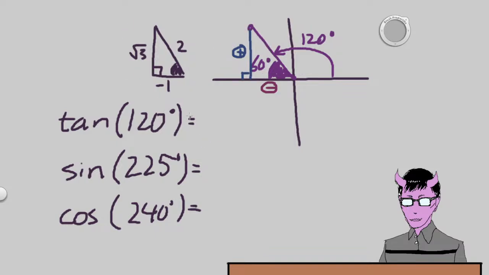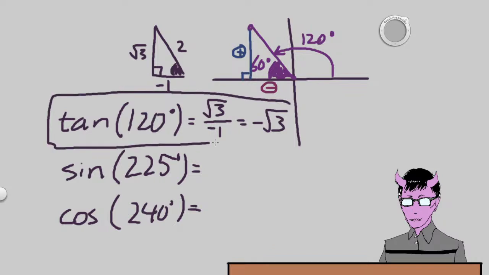What does that mean for us? We can now take tangent. So tangent of this reference angle is going to be opposite root 3 over adjacent negative 1. See that negative 1 difference? There it is again. And that's the final answer. Well, I'm sorry, we should probably clean this up. It becomes negative root 3. Final answer.